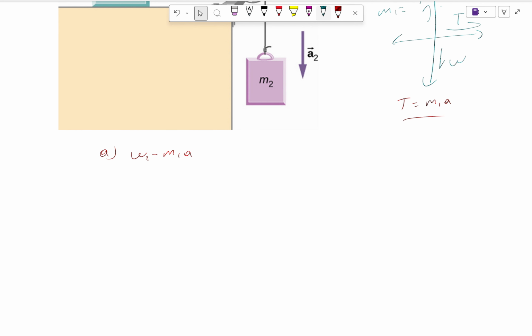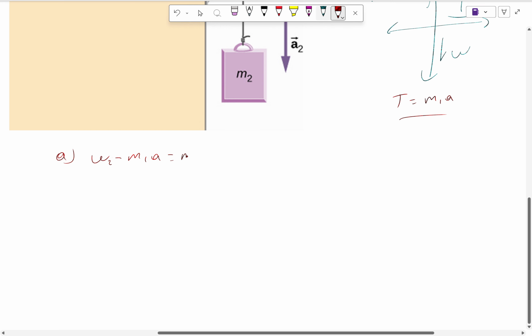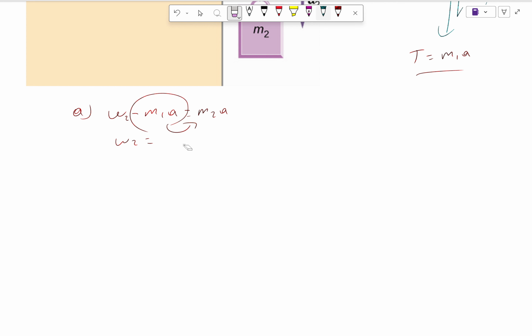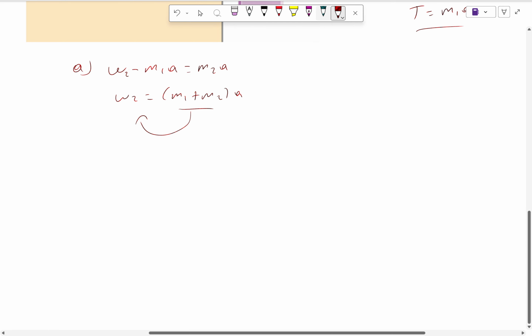Let's put 2 there so we know it's M2, equals M2A. So W2 equals, because we need to move this to our side because we're finding acceleration, (M1 plus M2)A. And then you move this whole thing to the other side. W2 over (M1 plus M2) equals A.